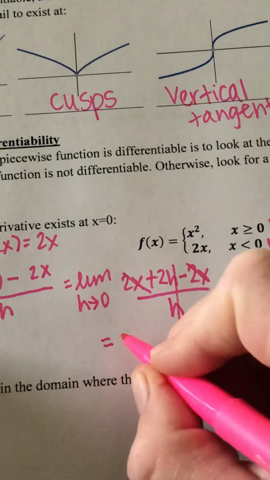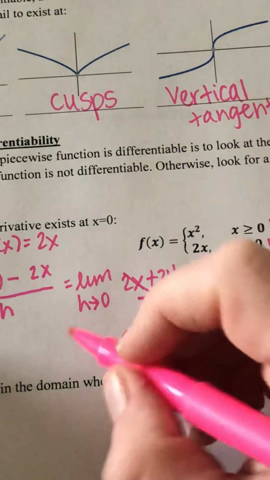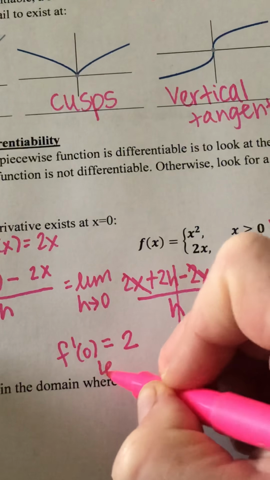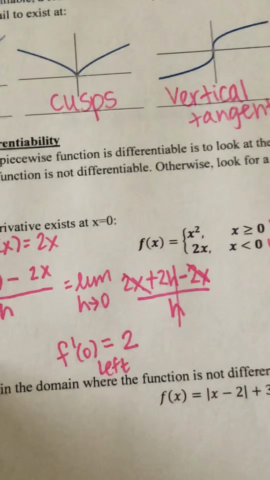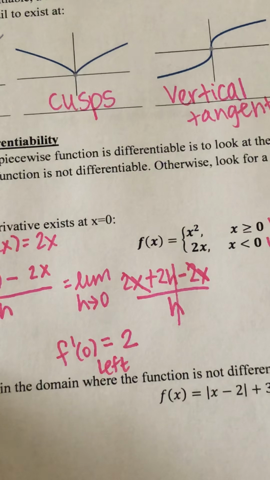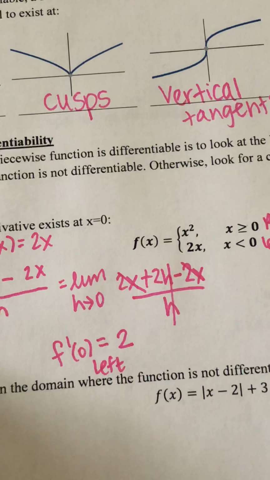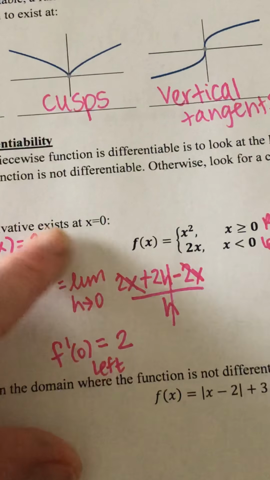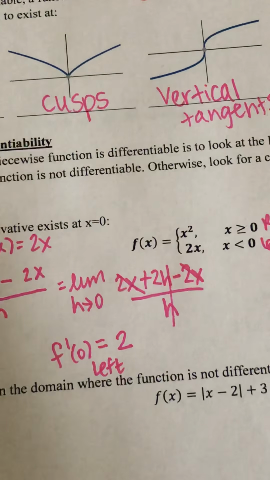So this limit is just 2. So f prime at 0 for the left side is 2. If we take the derivative of the right side and get 2, then it exists. However, if we get a different value, then it's not.